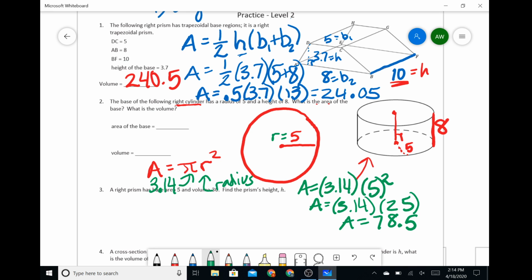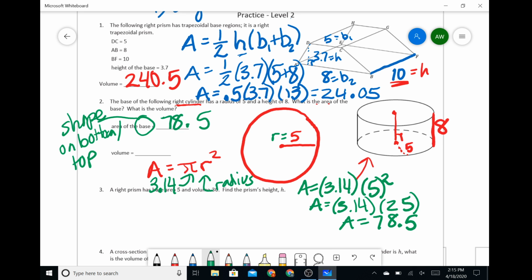So remember, this is the area of the base, and the base is like the shape on the bottom and top. So the area of our circle is 78.5. Now to actually get the volume, I have the area of my base, now I'm going to work on the volume of my shape.